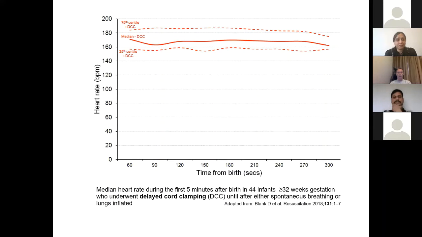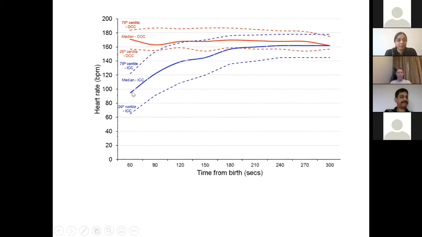So if you compare this to the previous slide I showed you, with delayed cord clamping, you have a much smoother heart rate, and there are some good papers by Professor Stuart Hooper and his team from Australia, which looked at lab studies of cardiac output in animals, and it's almost identical to this. So the cardiac output does the same thing as well. So you have a much smoother transition. Okay.